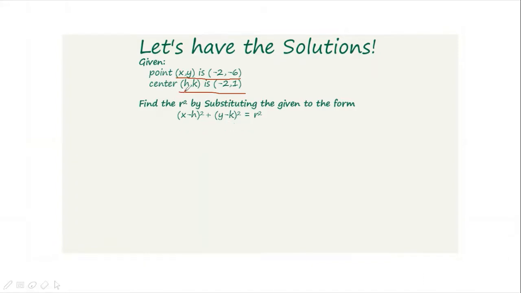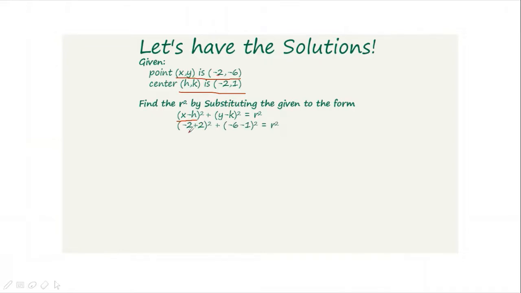In finding the r squared, we will substitute the (x, y) and the (h, k) into the standard form: the quantity of x minus h square plus the quantity of y minus k square equals r square. Our x here is negative 2.